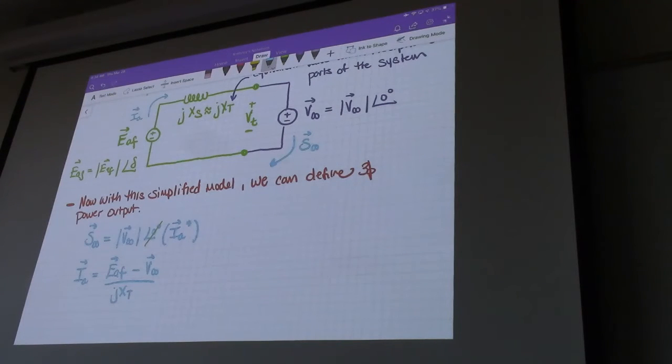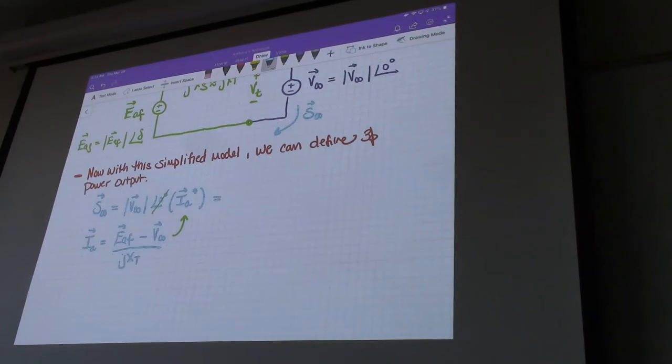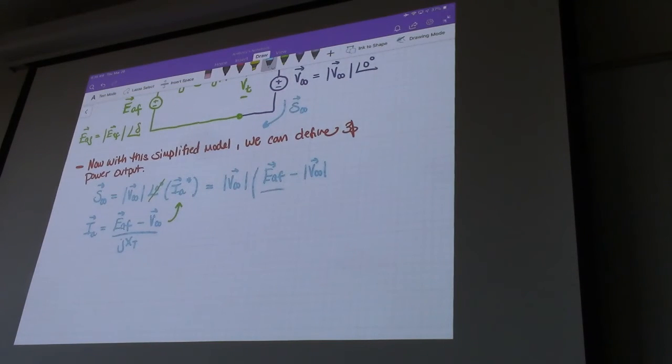And we can take this and plug that in there. And so we'll have a longer equation, which will be magnitude of the infinite bus times EAF minus magnitude of V infinite bus, again, because the angle is 0, we don't have to worry about it, over JXT, and we can't forget that this all needs to be made into a conjugate.